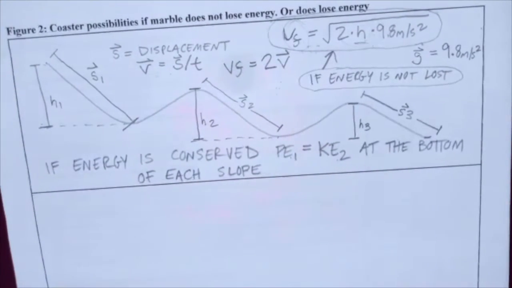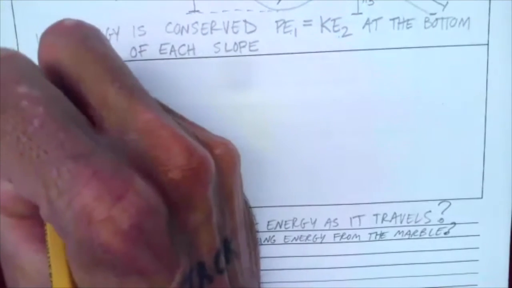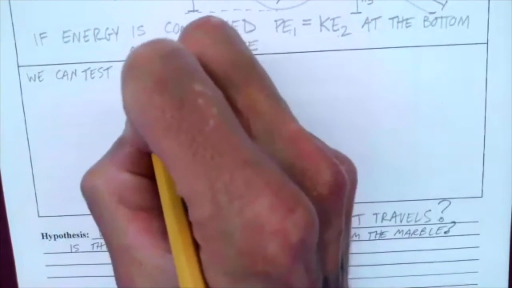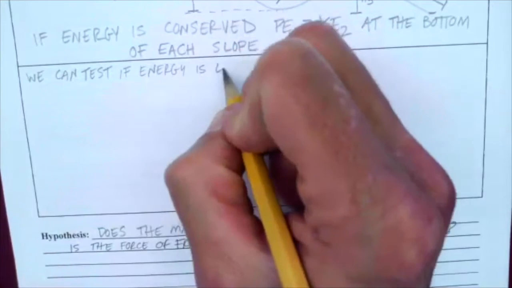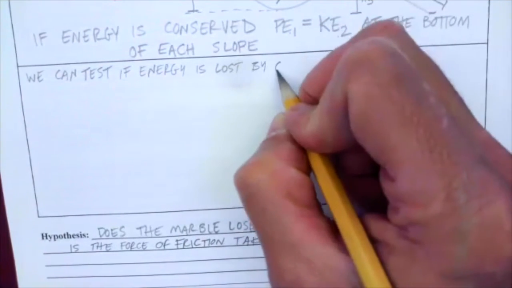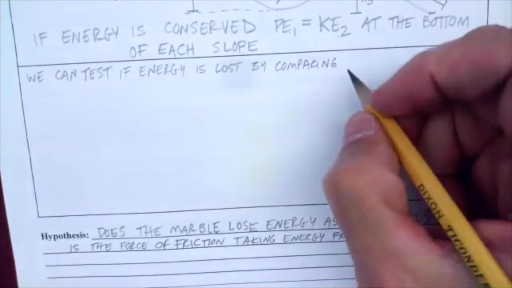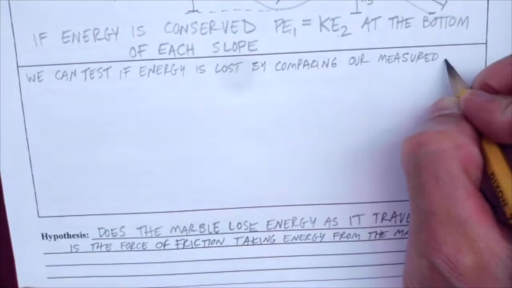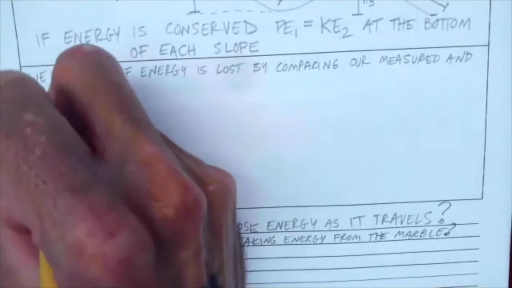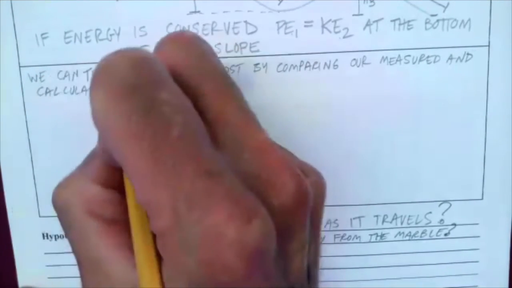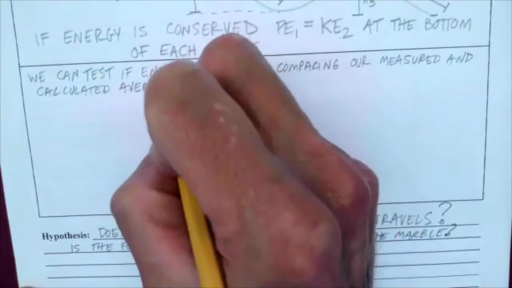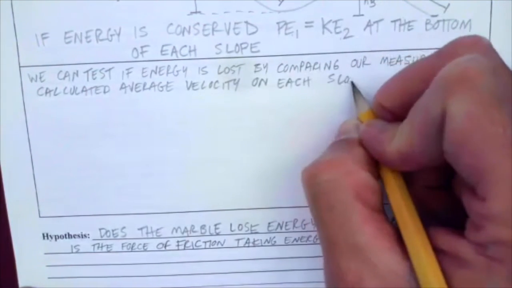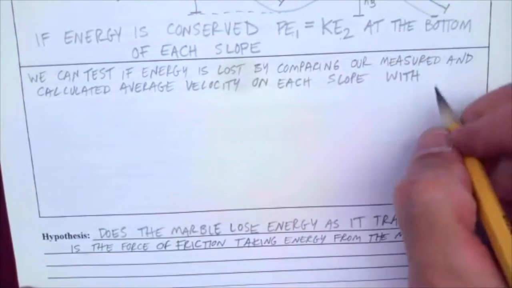So we can test, and I want you to test, if energy is lost by comparing our measured and calculated average velocity on each slope with the average velocity calculated from the energy equations.